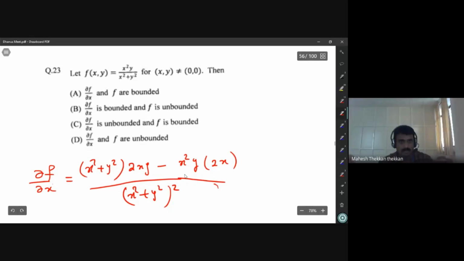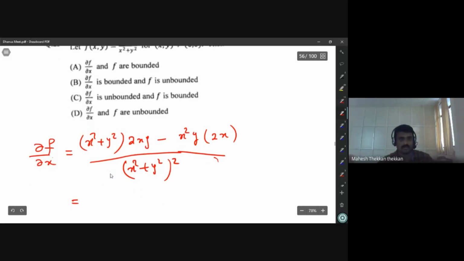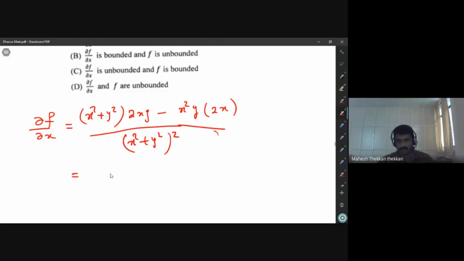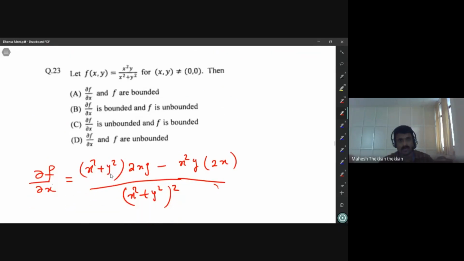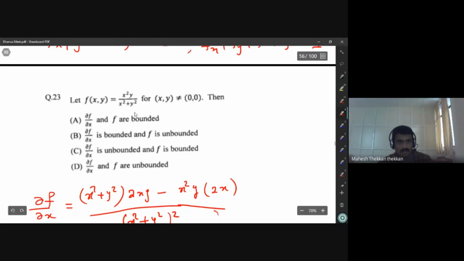So some mistake happened. No, x square y into 2xy. Okay. So if you multiply inside, 2x cube y, that will be cancelled there. Now I have 2xy cube will come, right? Is that correct?